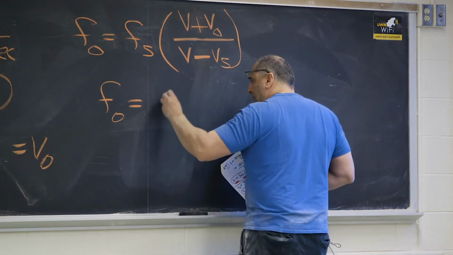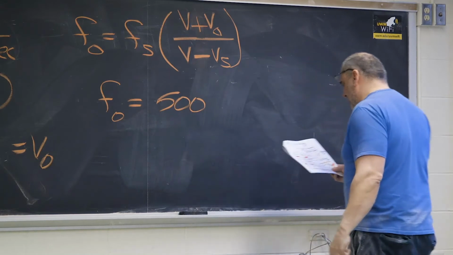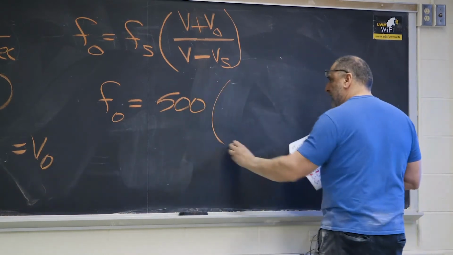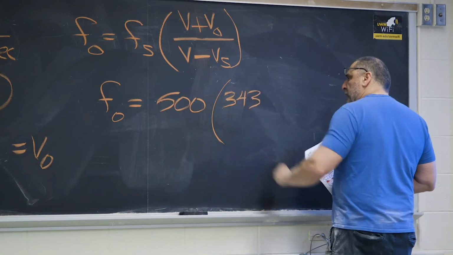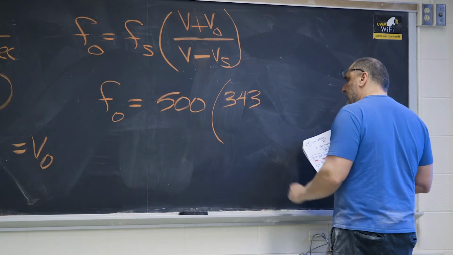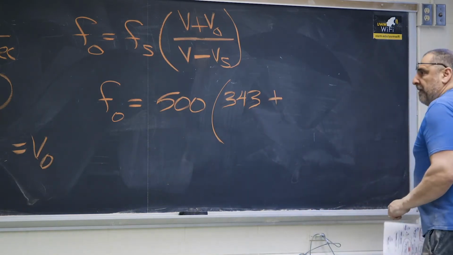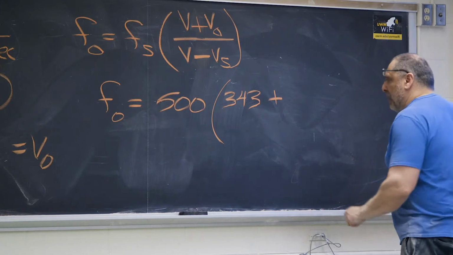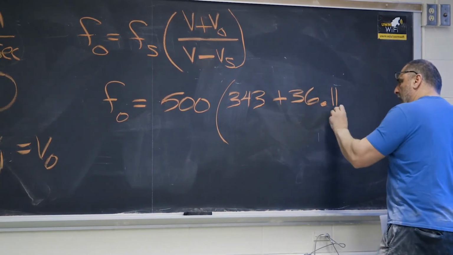FS is 5 times 10 to the 2. It's a fancy way of saying 500. Why don't you say 500? They're trying to throw you a little bit. 343 meters per second is the speed of sound. The fast guy coming right at him, the observer, is 36.11.